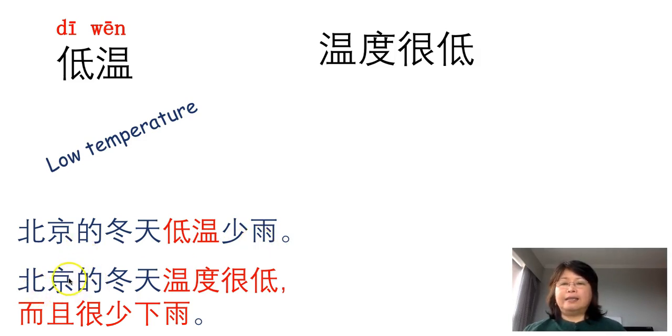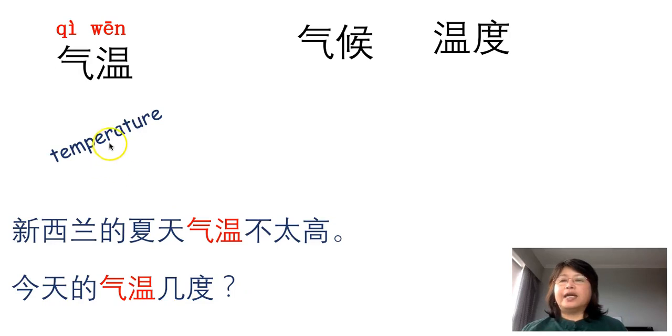Or we can unzip this condensed word. So 北京的冬天温度很低，而且很少下雨。温度 temperature 很低 is low, 而且 and 很少下雨 is hardly any rain or rarely rain.